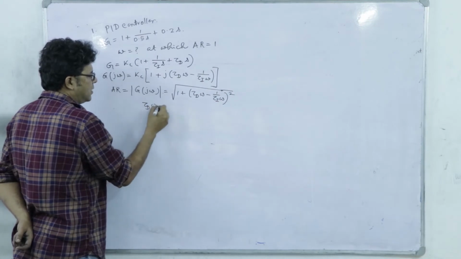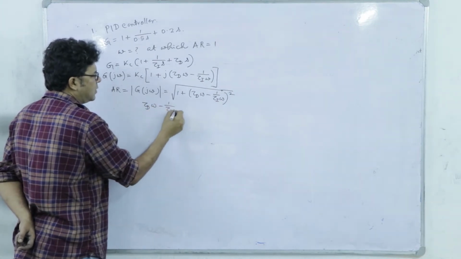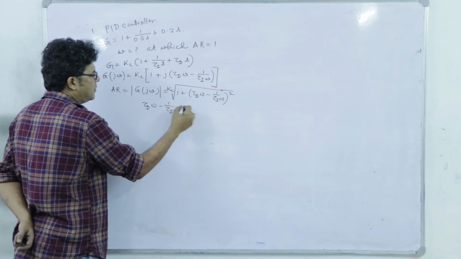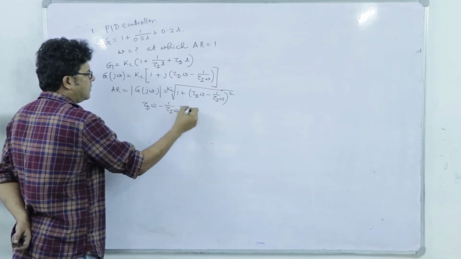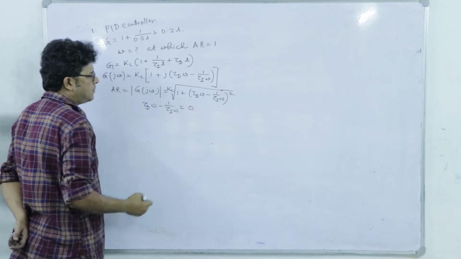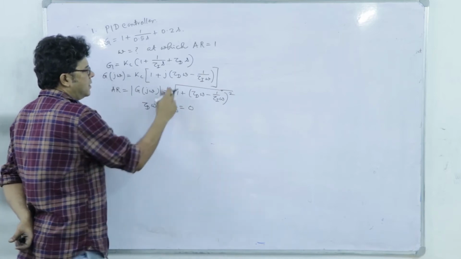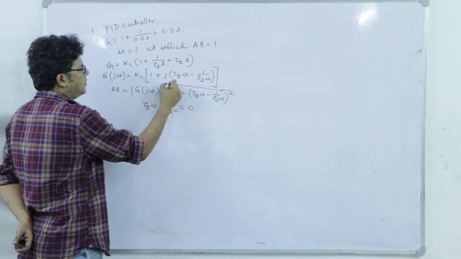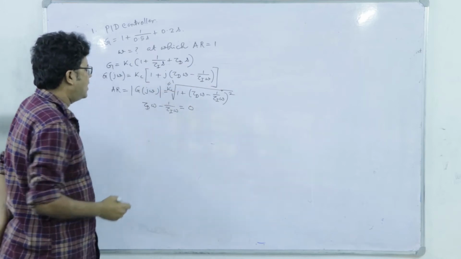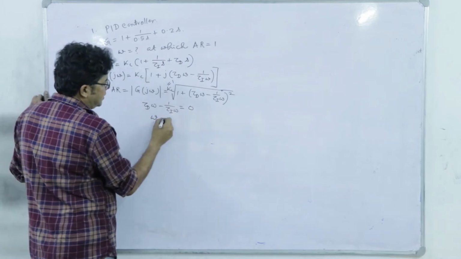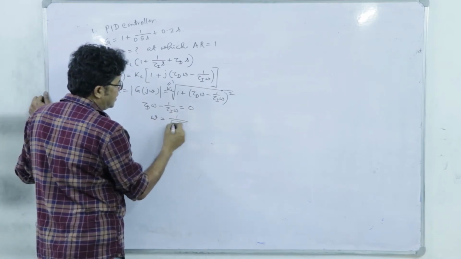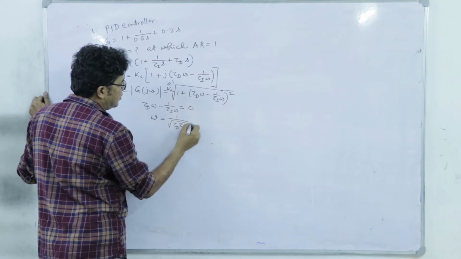Obviously, tau d omega minus 1 by tau I omega must be 0. Then, for this problem, Kc equals 1 and we will have the amplitude ratio equal to 1. So, omega is equal to 1 divided by the square root of tau d tau I.